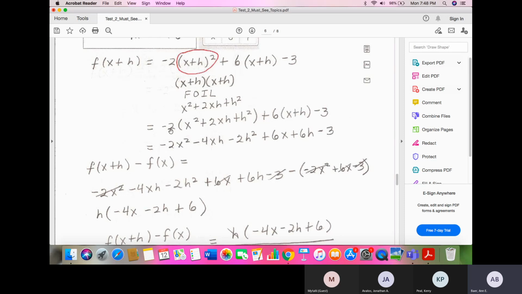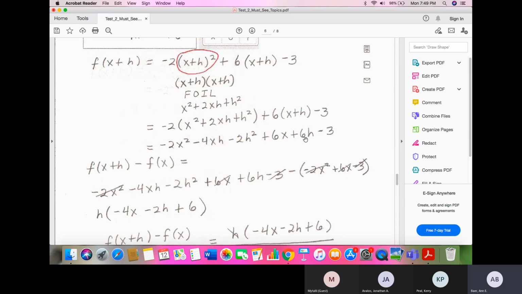So we're going to distribute this -2 through, get -2x squared. -2 times 2 is -4 of what? xh. -2 times 1 is -2 times h squared. Plus, now distribute this 6 through to get 6x plus 6h, copy over the -3.